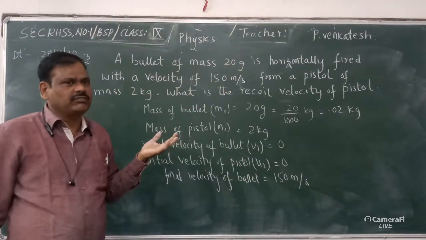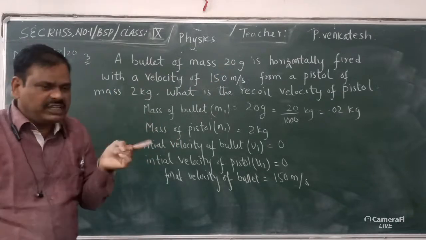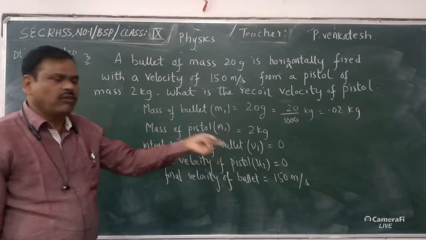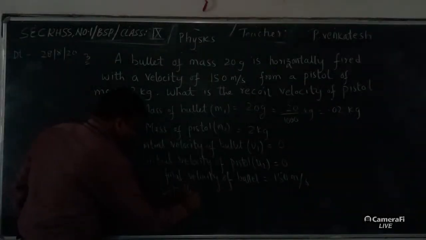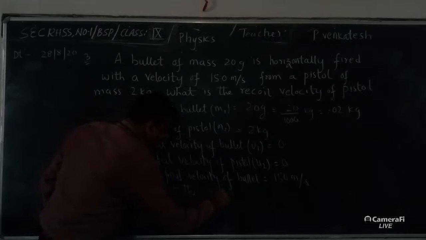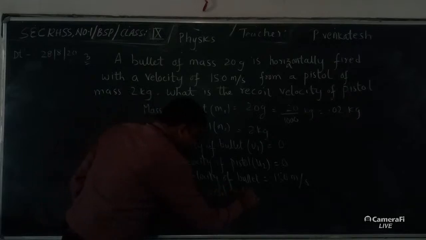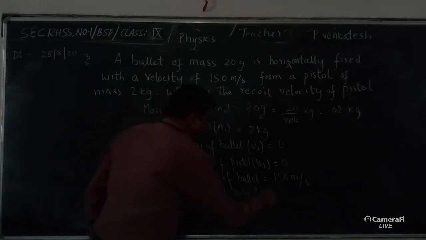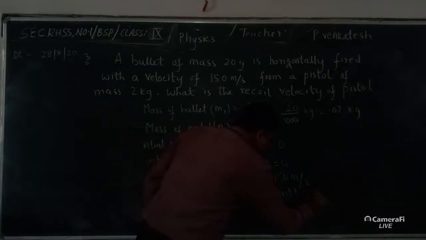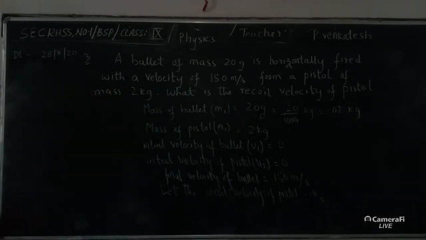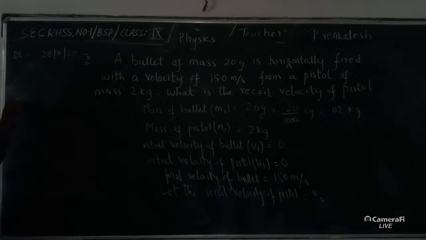Let the recoil velocity of the pistol be V2. Now according to the law of conservation of momentum, what do you write?